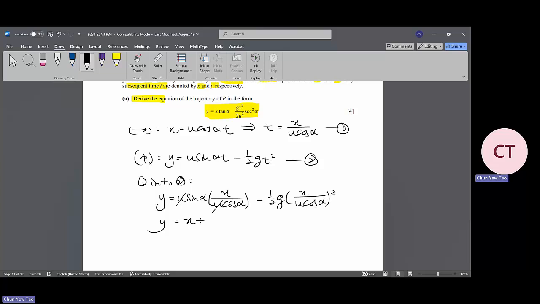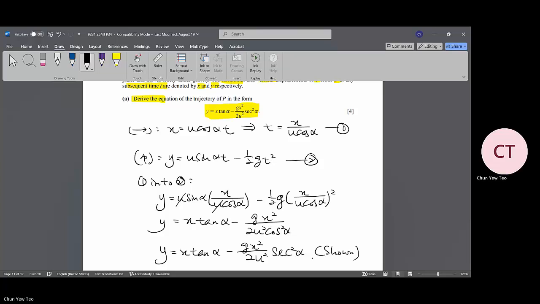You have x tan alpha minus g x squared over 2u squared cos squared alpha. But because 1 over cos squared alpha is actually sec squared alpha, you can make it become this. So shown. This will be the answer for question number 3a.